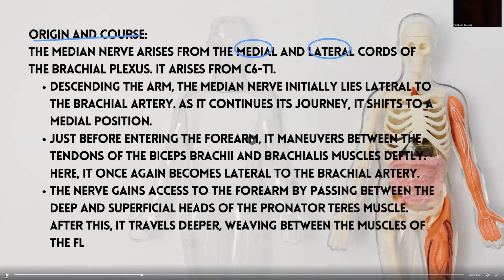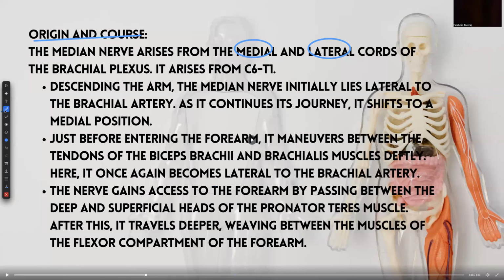It starts in the arm, from the medial and lateral cords of the brachial plexus, and it arises from C6 to T1. So this is important for us to remember.